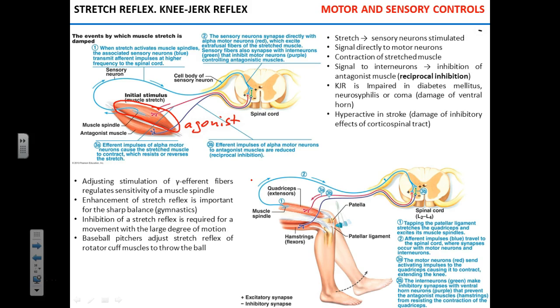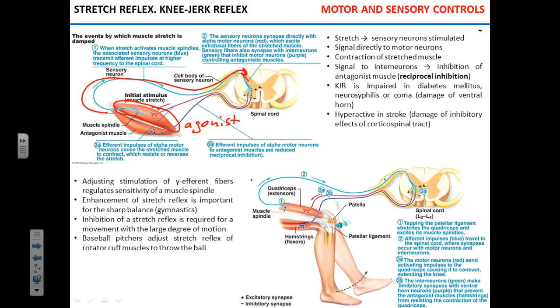Increases, right? So that increased rate of action potentials serves as a signal. Are we clear? The signal is transmitted by sensory neuron to the horn of the spinal cord.